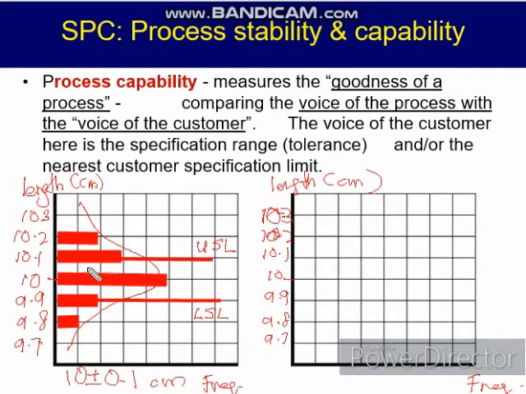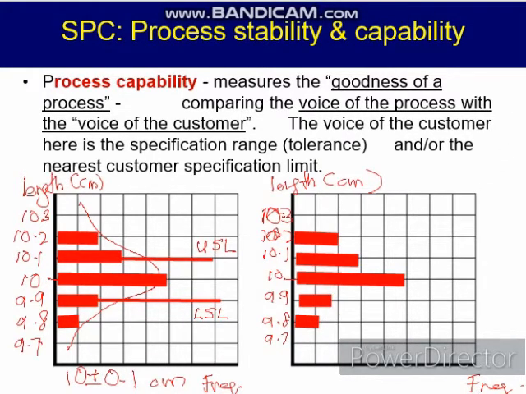Okay, so I'm going to make this curve over here. So again, at 10 is 5. At 10.1, I have 3. 10.2, I have 2. At 9.9 I have 2 and 9.8 I have 1.